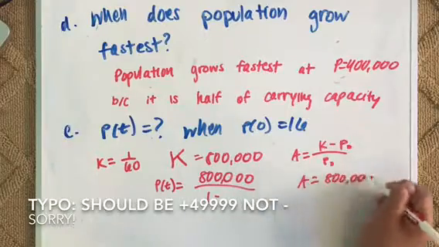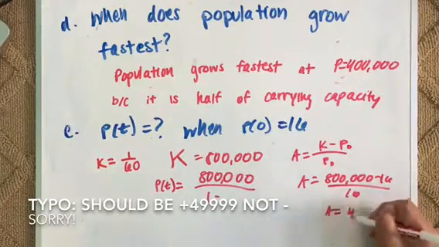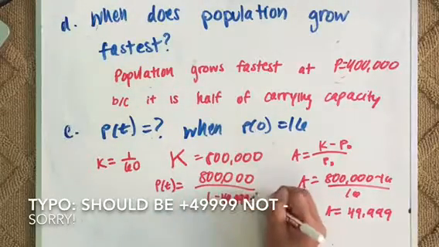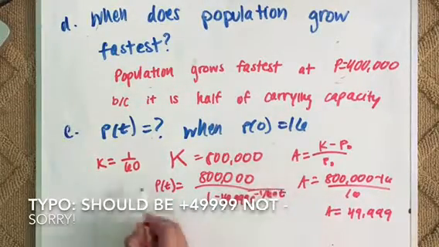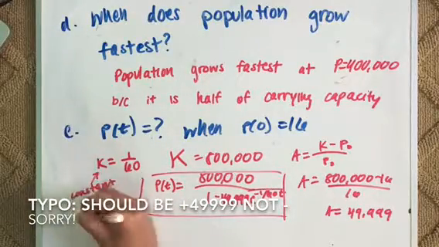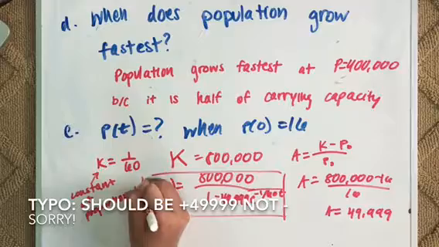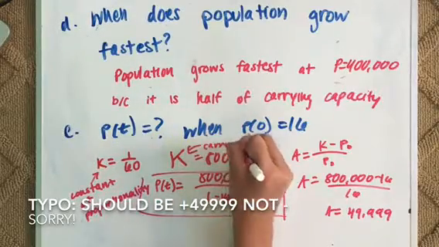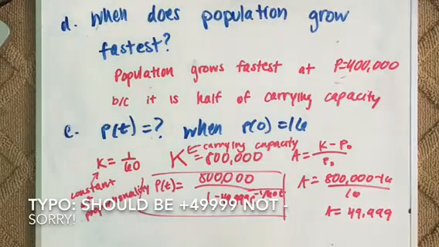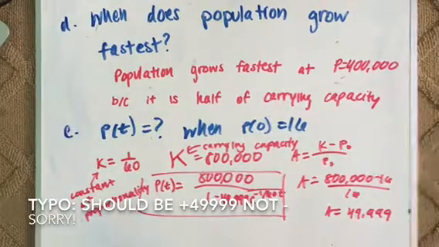And a is big K minus initial population over initial population, which is 800,000 minus 16 over 16, equals 49,999. So we just plug it into our formula, which is p of t equals 800,000 over 1 minus 49,999 times e to the power of negative 1 over 60 times t.